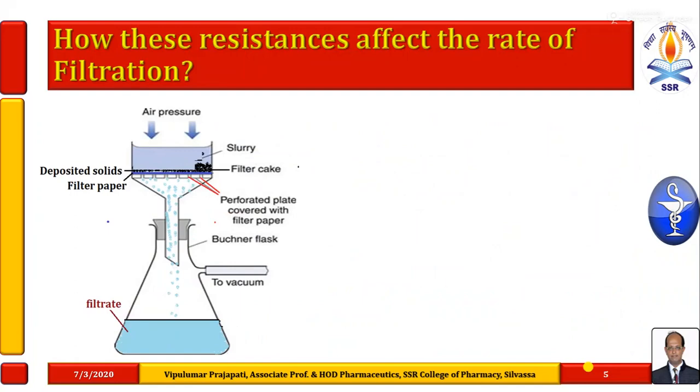First, when we pour a slurry on the filter media, gradually it passes the fluid across the pores of filter media, and slowly the solids content present in the slurry is deposited on the filter media, which acts as supporting medium.